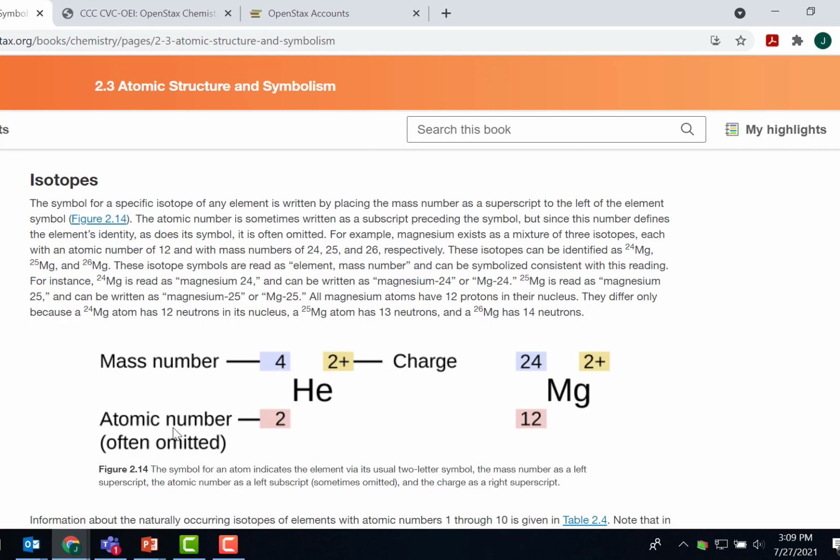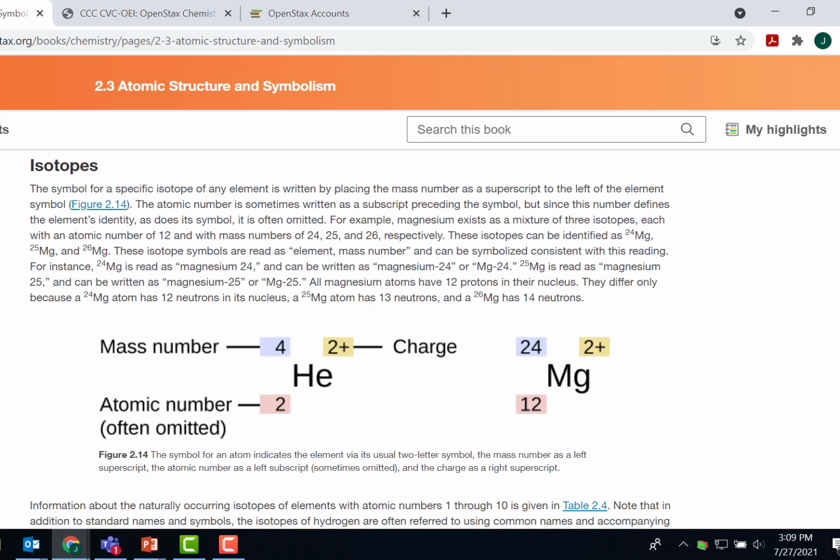Now the atomic number is sometimes omitted, and the reason we can do that is because, again, the atomic number is defined by the number of protons. That is the definition of the element. Each element is basically defined by the number of protons. Anything with 2 protons is going to be helium. Anything with 12 protons is going to be magnesium. So we sometimes leave this out because we can look at the periodic table and get that same information.